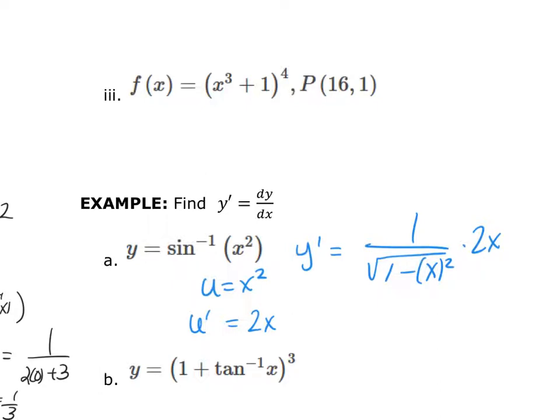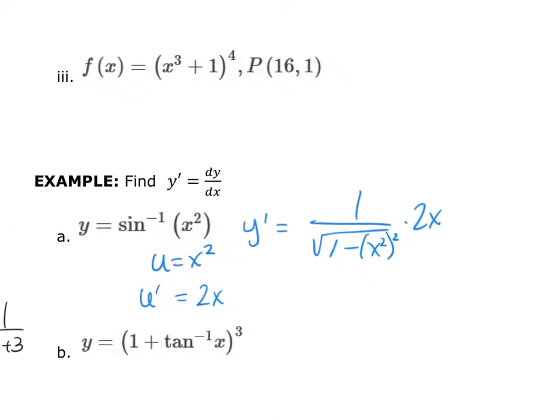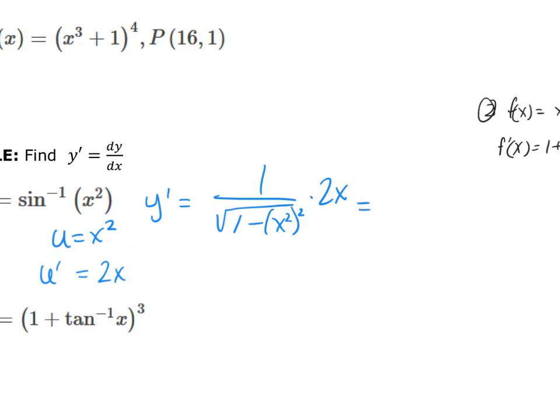Thank you. So just to clean this up a little bit, it's just 2x over the square root of 1 minus x to the 4th. How is that? Not too bad?